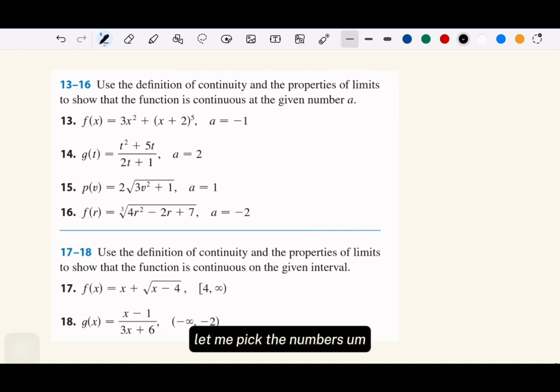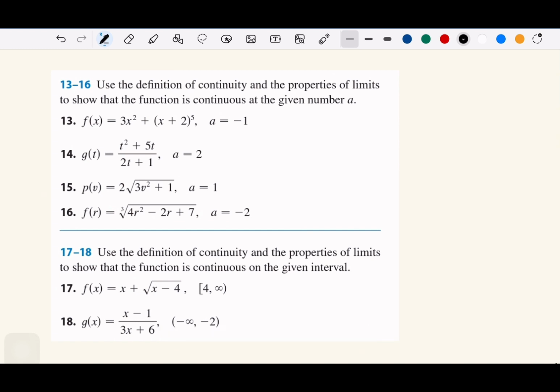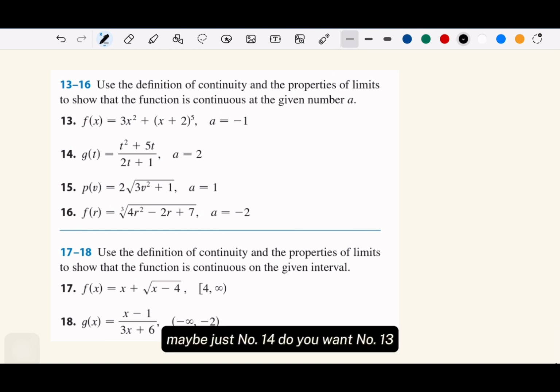Let me pick the numbers. I think number 13 is too easy. Maybe just number 14. I mean, do number 13.